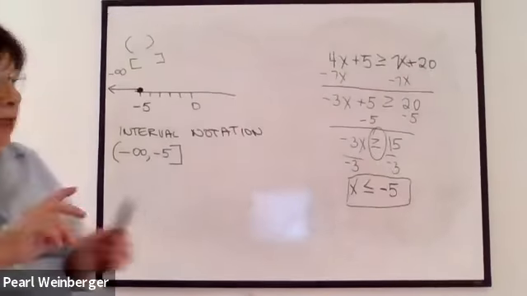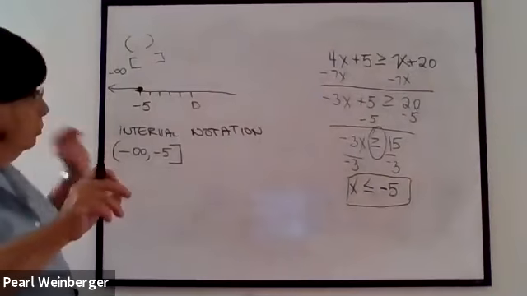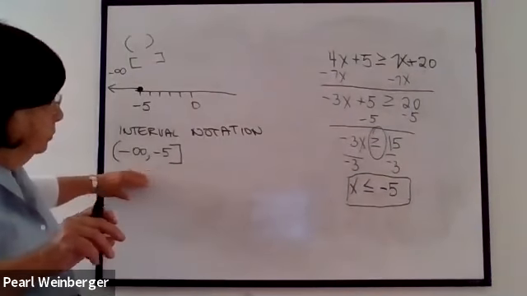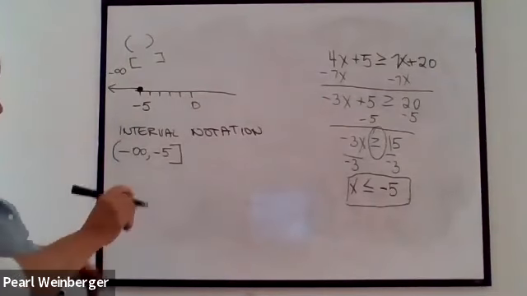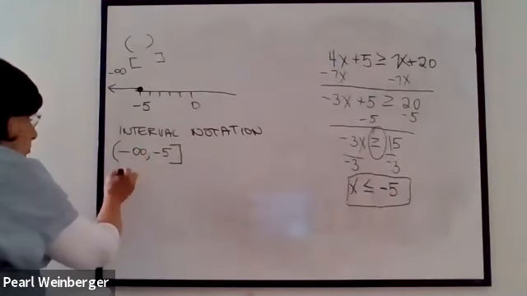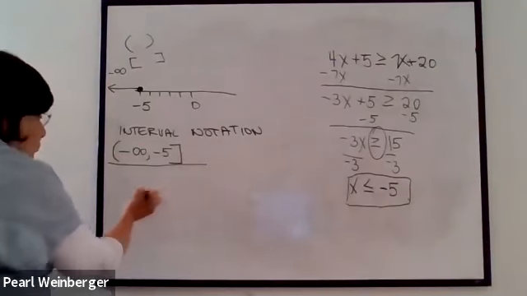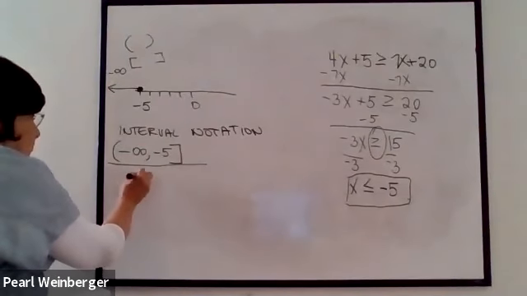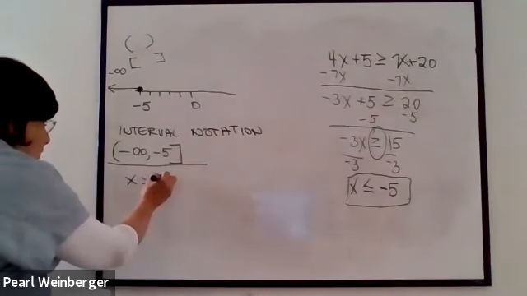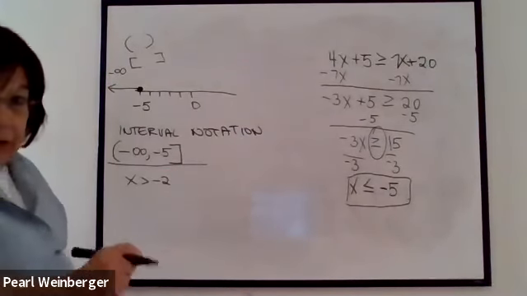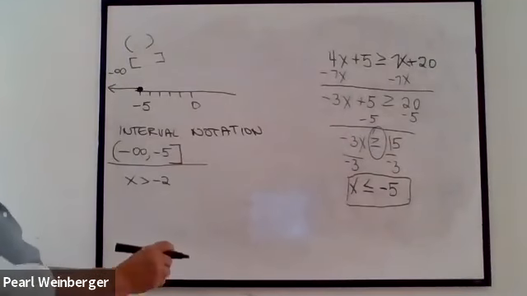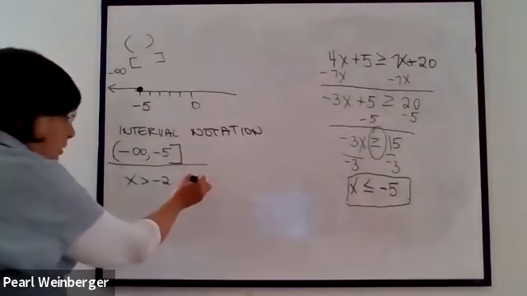All right. Now, just to show you how this interval notation works with other types of situations, let's write a few inequalities. What if I gave you something like x is greater than -2? Let's see how that would look on the number line and in interval notation.